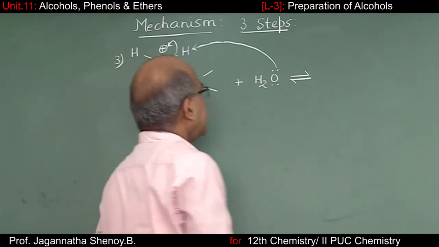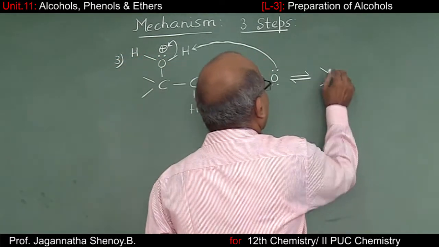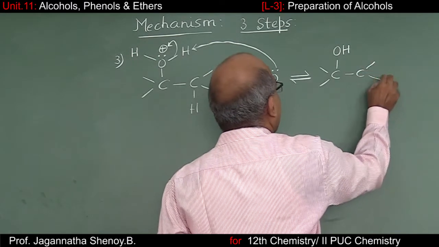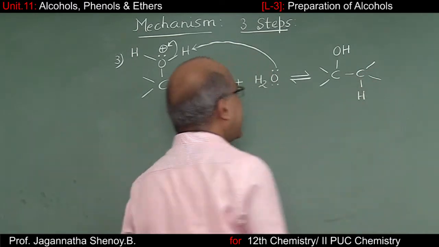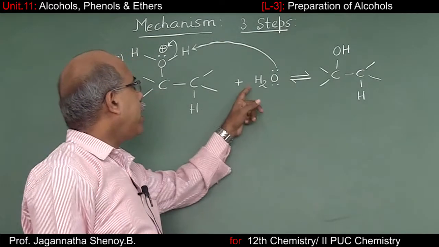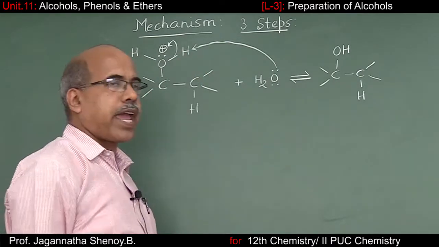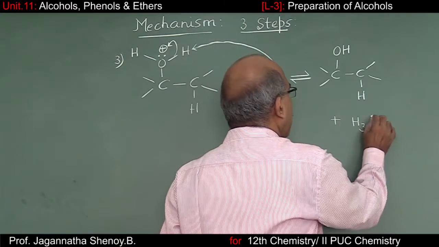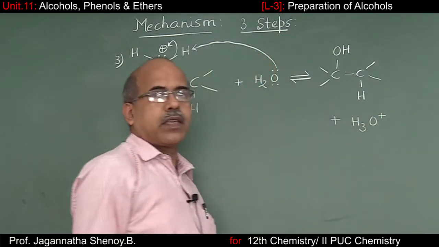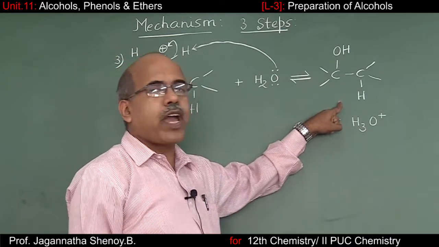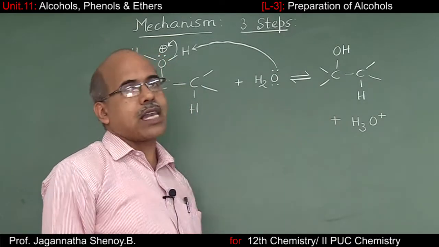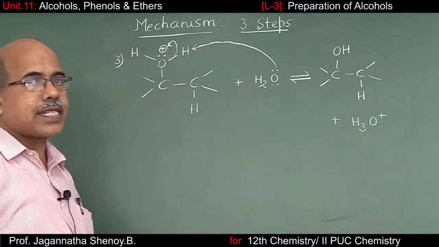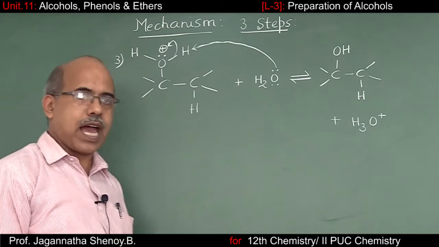As a result, the product obtained is, we have an OH group over here, C, and here we have hydrogen. And meanwhile, H2O has taken up H plus. It has to give you H3O plus ion. Or in other words, what we have obtained here is alcohol. So this is the mechanism of acid catalyzed hydration of alkene.